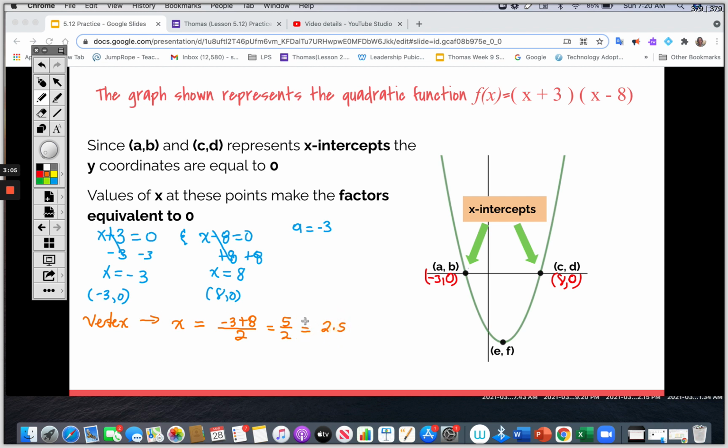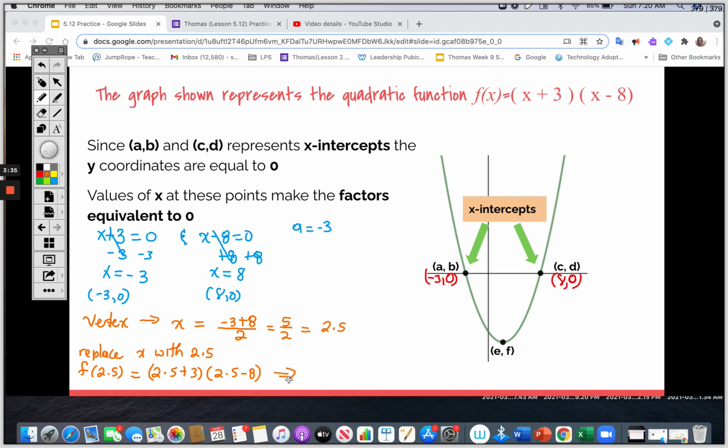Now, in order to find the y, we're going to replace our x with 2.5 in our function. So we're going to do f of 2.5, which is equal to 2.5 plus 3 times 2.5 minus 8.